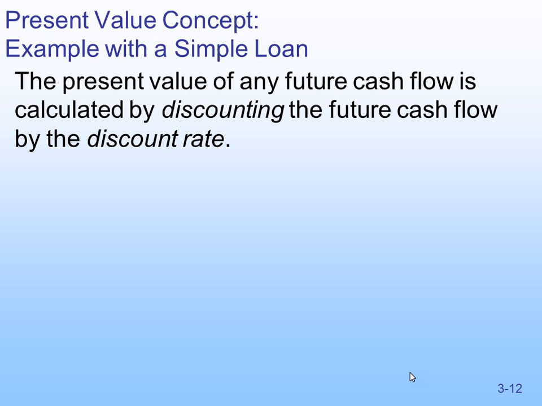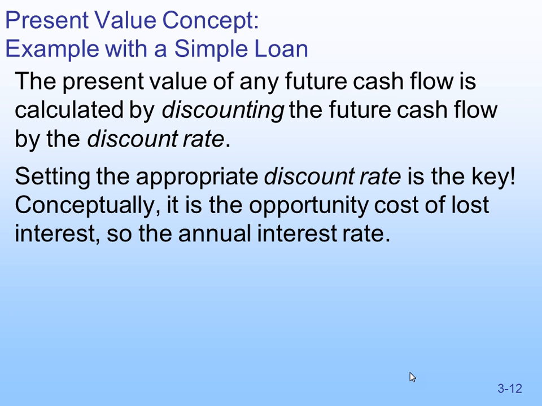These are two terms that you want to know: discounting and discount rate. Now, what's really hard, though, is setting the right discount rate. So conceptually, what's the discount rate? Do you remember the term opportunity cost? It's the opportunity cost of lost interest. So it's the annual interest rate.